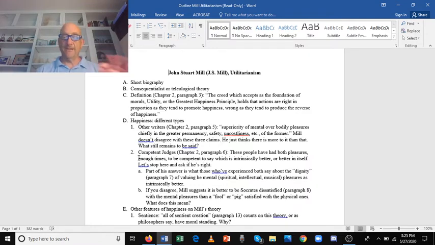But Mill's going to make, and this is a very interesting and somewhat famous, as in you see it on Jeopardy kind of claim, Mill's going to say, and this is paragraph 8, if you disagree, you think the physical pleasures are actually better in the sense of intrinsically in and of themselves, more dignified to have as a human being, Socrates replies, and here's the phrase, it's better to be, Mill, reaching back thousands of years to ancient Greek philosophy, says, it's better to be Socrates, intellectually rich and in a dignified way, better to be Socrates dissatisfied with the mental pleasures than, and these are his words, a fool, or a pig satisfied with the physical ones.